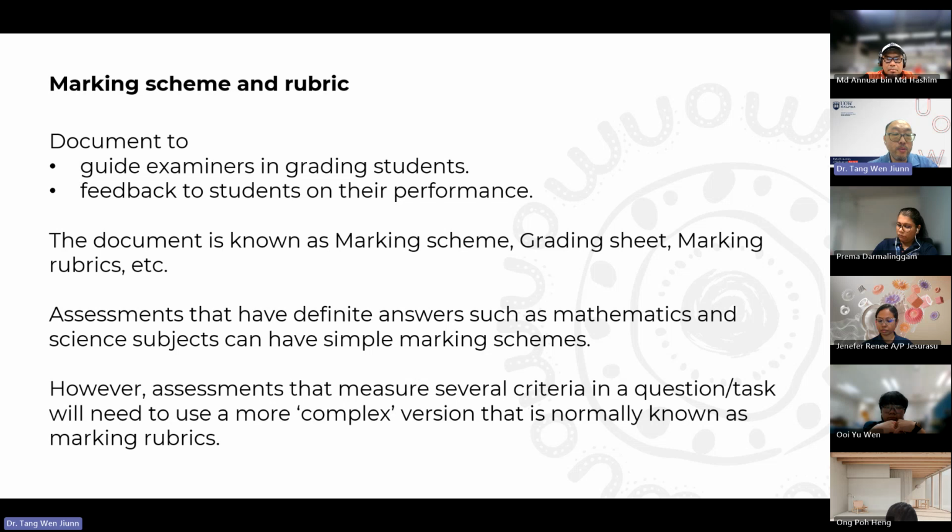It's just that when we say marking scheme, normally the answers are straightforward, like in mathematics, the more objective kind of questions, then we call that document a marking sheet or marking scheme, because the answers are fixed. If it is about essay kind of questions, where you mark them on certain criteria, then we use a rubric. Then we call it a marking rubric.